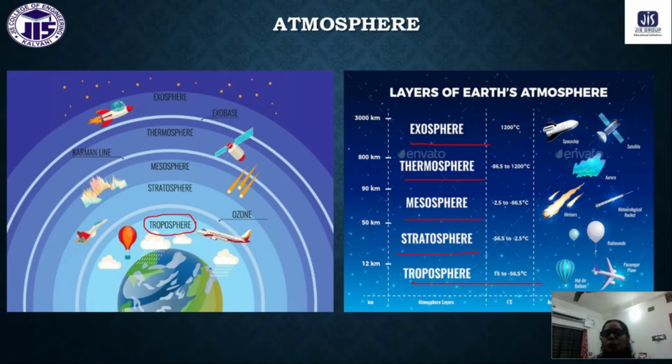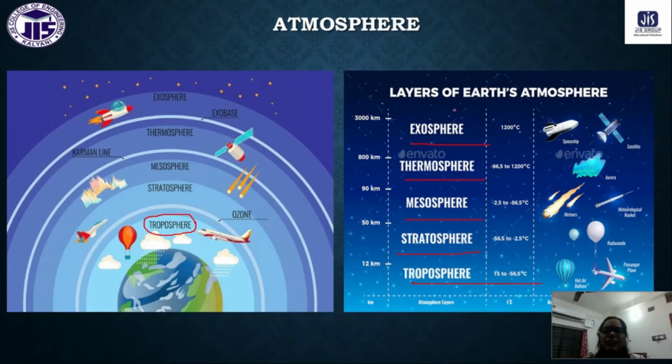From sea level, the troposphere extends around 10 kilometers. And as the distance increases, the temperature will decrease. So in the troposphere, as we go upward, the temperature decreases.